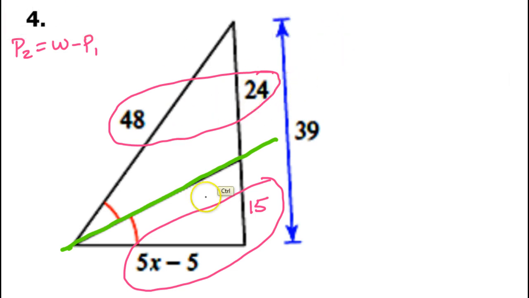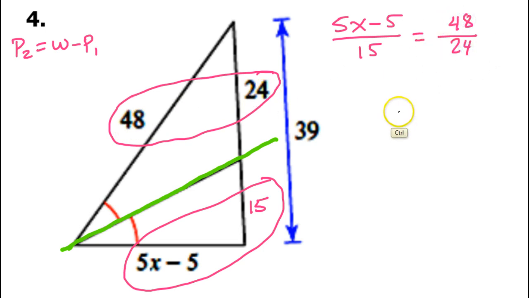Okay, so I can do, for example, 5x minus 5 over 15, and that should equal 48 over 24. This will definitely reduce. Both of these are actually divisible by 12.